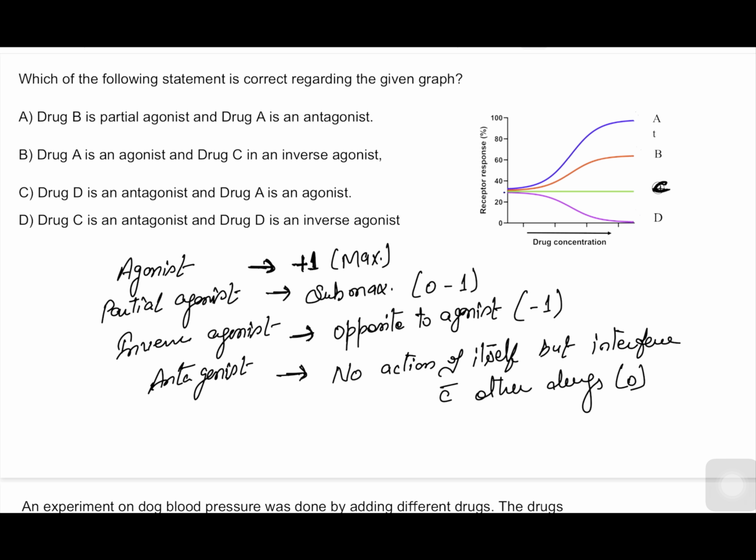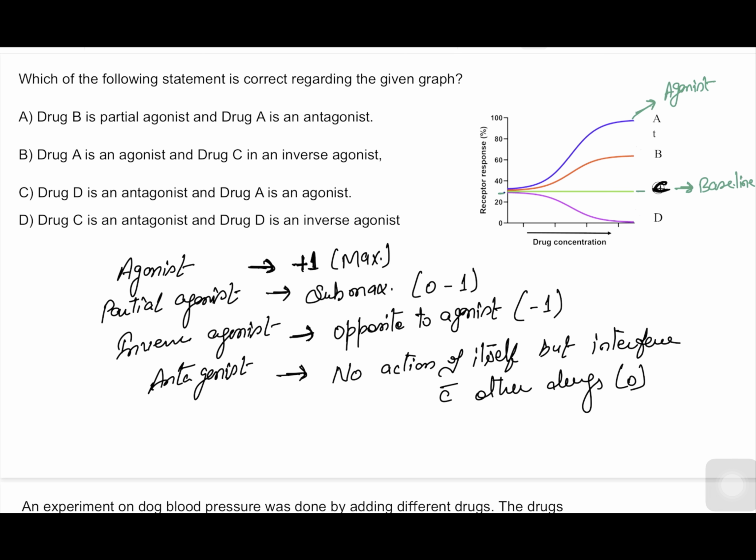Now we have to map this onto the graph. This green one is my baseline, so C will be my baseline. Now I need to check which is producing a positive effect and which is producing a negative effect. This blue one, with maximum effect, can be my agonist.